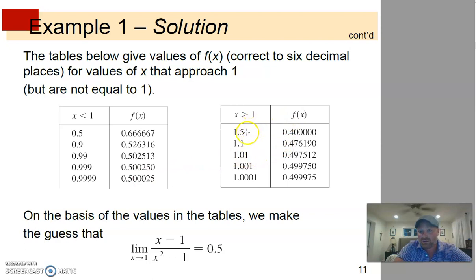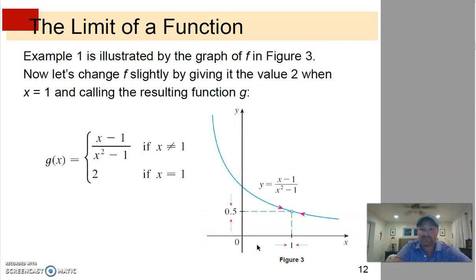We're getting closer and closer to 1 from the right side for values that are greater than 1, and we are continuing to approach 1/2 or 0.5. So we can say, on the basis of the values in the table, we can make the guess that the limit as x approaches 1 of x minus 1 divided by x squared minus 1 equals 1/2 or 0.5. Okay.